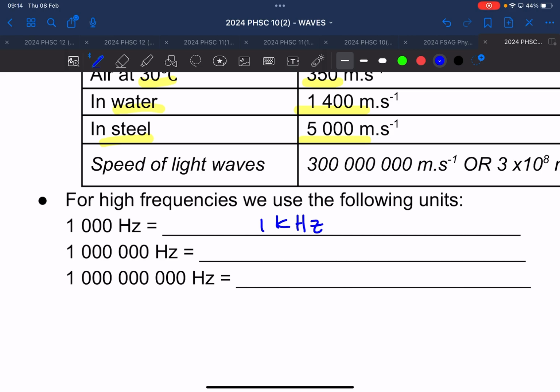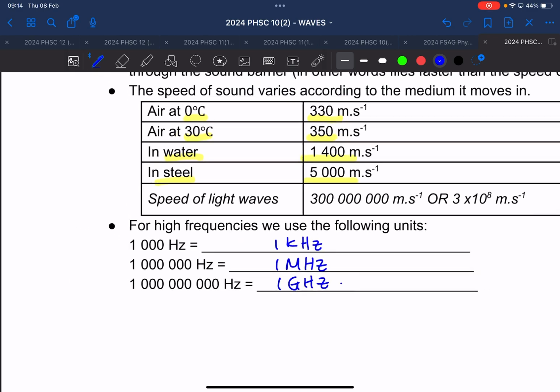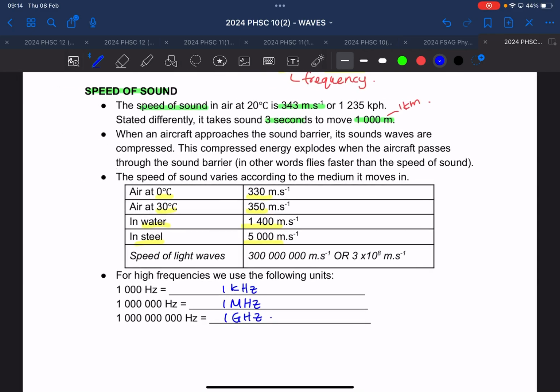Yes, it's 1 megahertz. And then 1,000 bigger? 1 gigahertz. Okay.